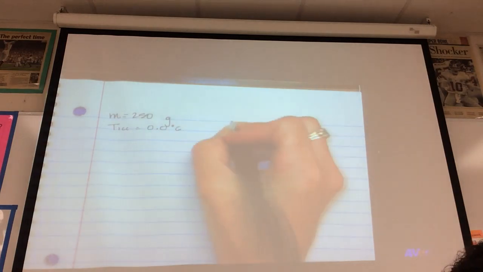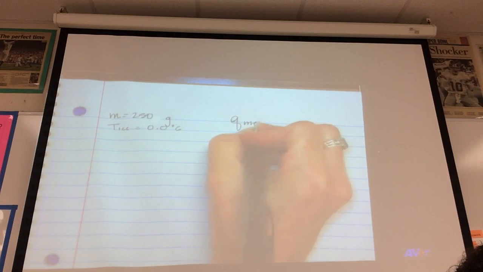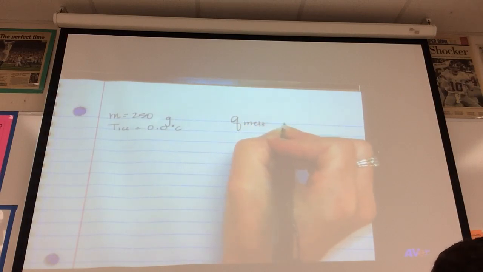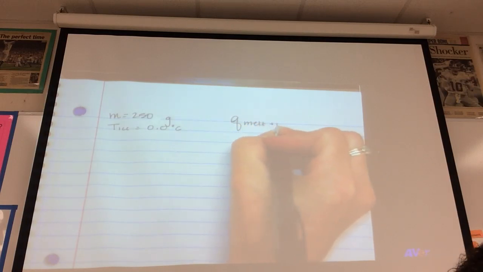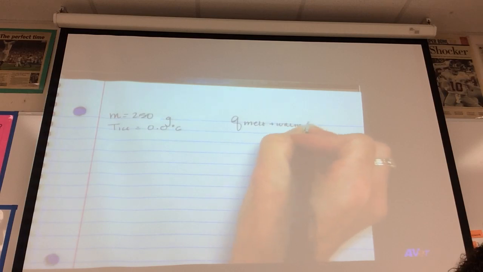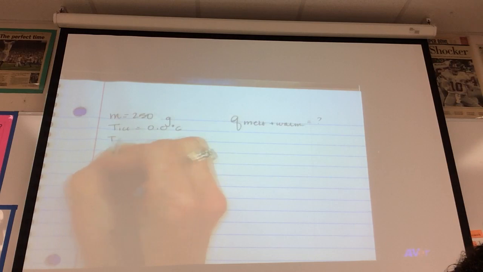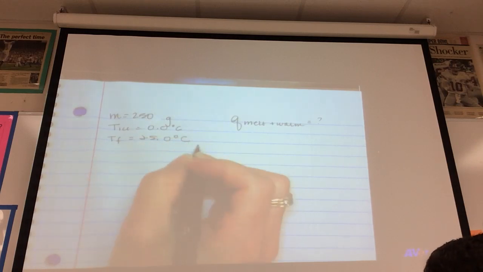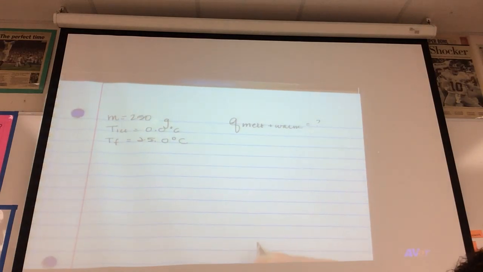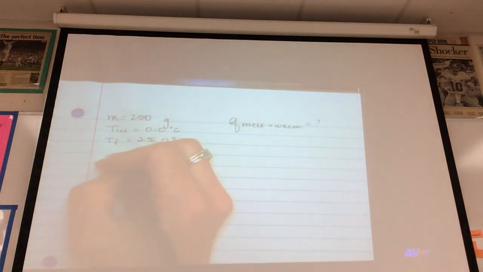We want to know the heat required to melt and warm. The final temperature is going to be 25 degrees Celsius, and some information is provided. So Sarah, what did you say we should do? Multiply the mass with the heat of fusion.